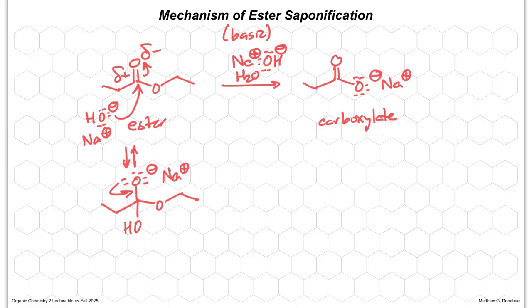If you look now, we have a choice of what it can do. We can have this alcohol leave, or we can have hydroxide leave. That's what this reverse arrow means. If the hydroxide leaves, we just go back to the start. So we'll make the alcohol leave.